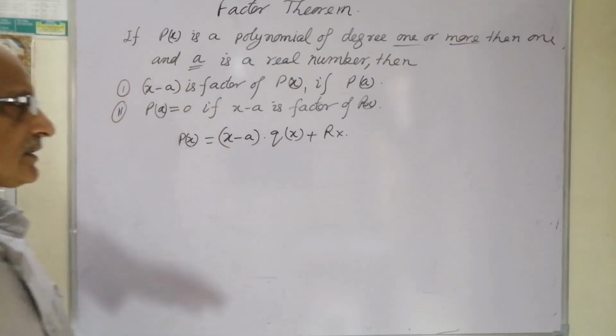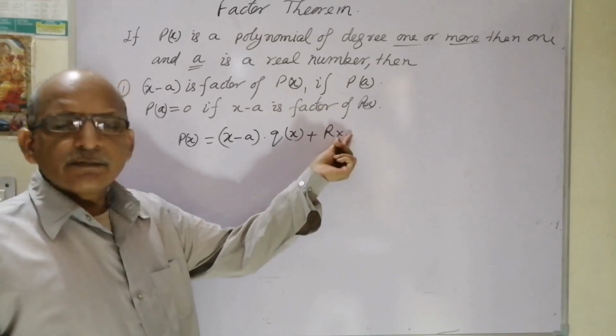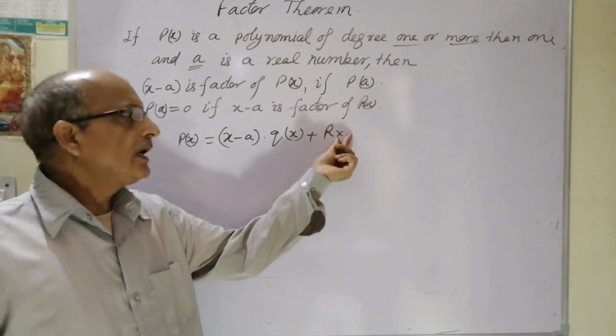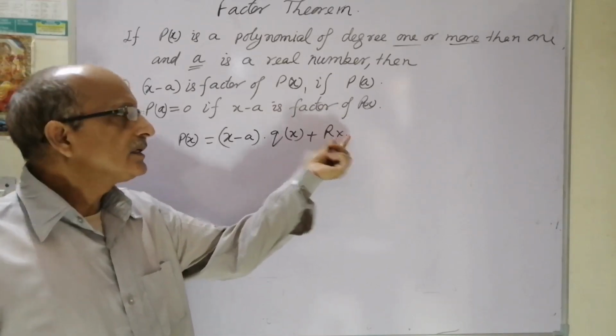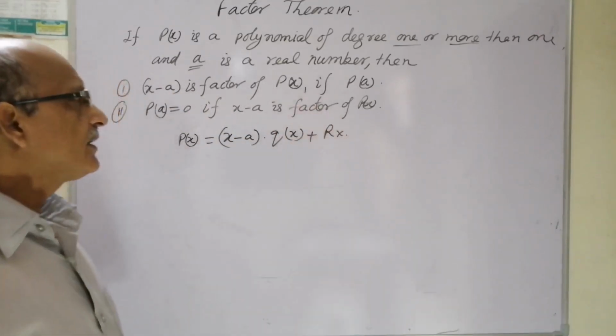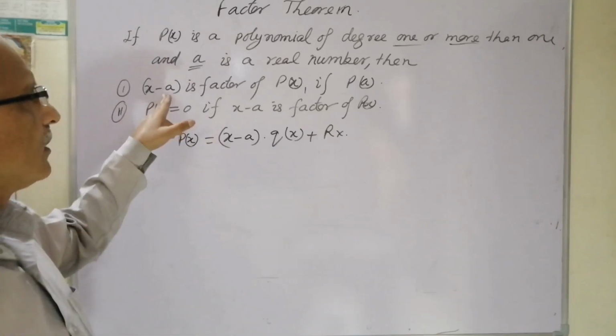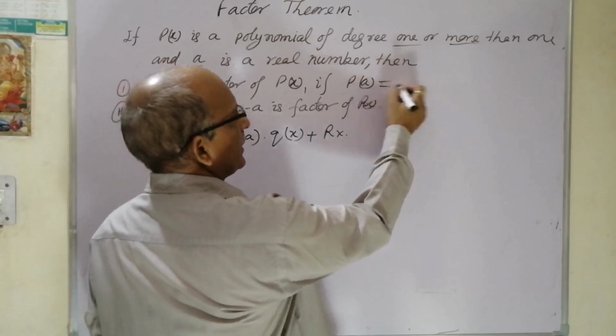Now r(x) means it is the remainder only, a polynomial in x, and since the divisor is linear, it is a constant, so this will become p(a).